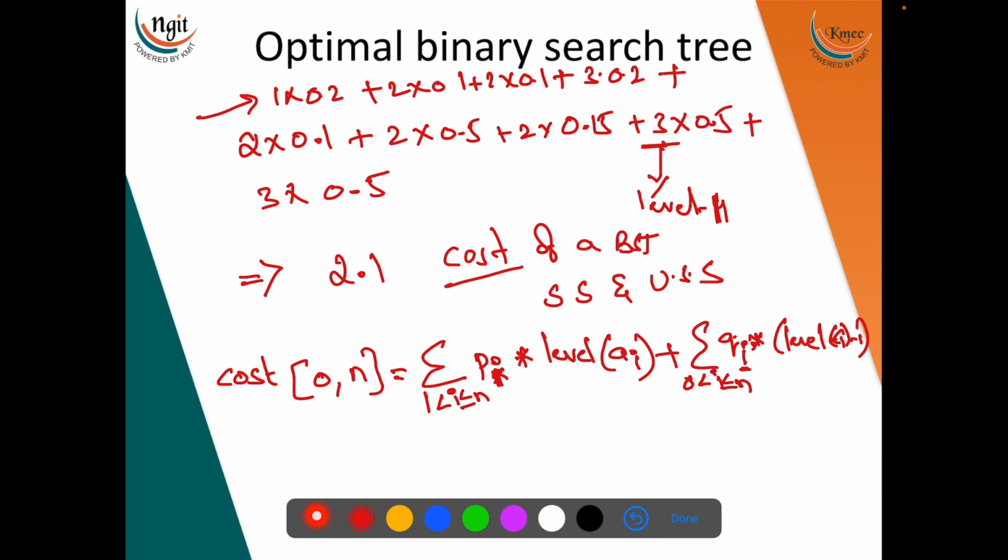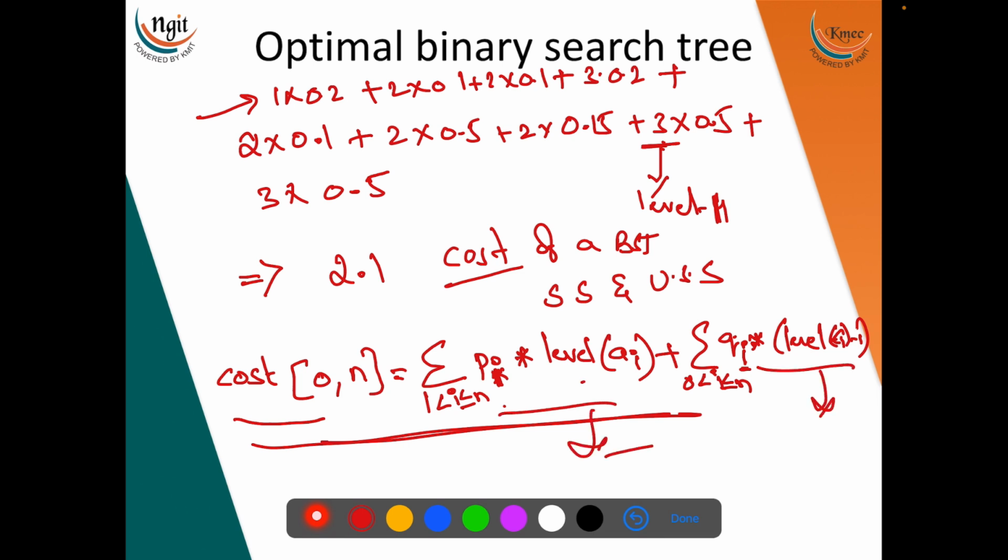So this is the cost of this tree. To calculate the cost of a tree, the cost of a node is calculated with the probability and level. The cost of a tree is calculated with probability into level, plus successful and unsuccessful. Put together, you will get the cost of the particular binary search tree.